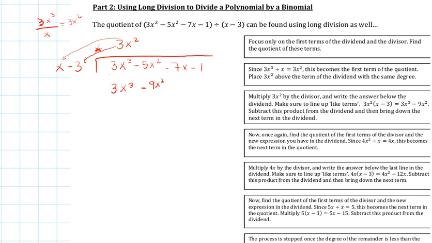Now, you see that whatever we put in the quotient was multiplied by both of the terms in the divisor. Now let's subtract.